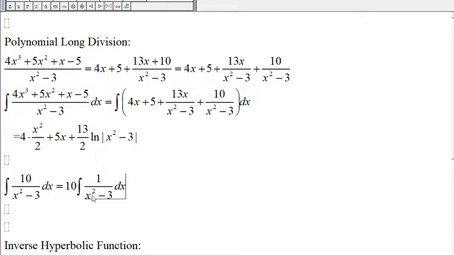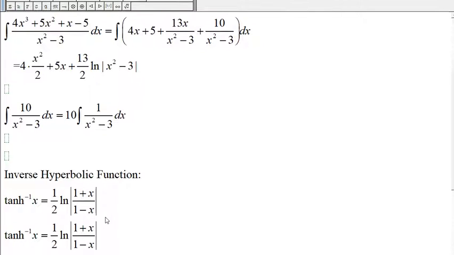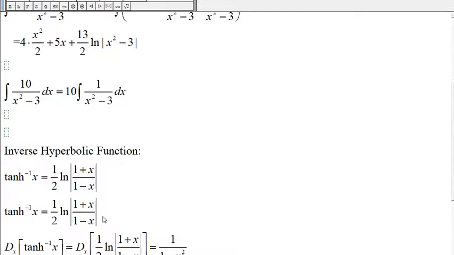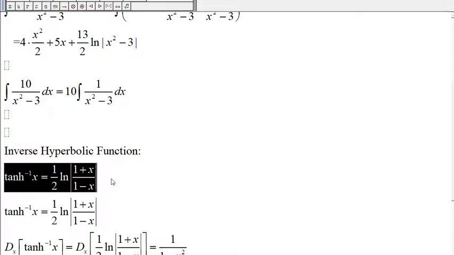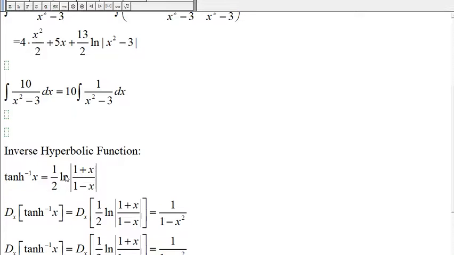And for this integral, we need to use the inverse hyperbolic function. And so we recall the inverse. The inverse hyperbolic tangent function is 1/2 times the natural log of (1 + x) divided by (1 - x).